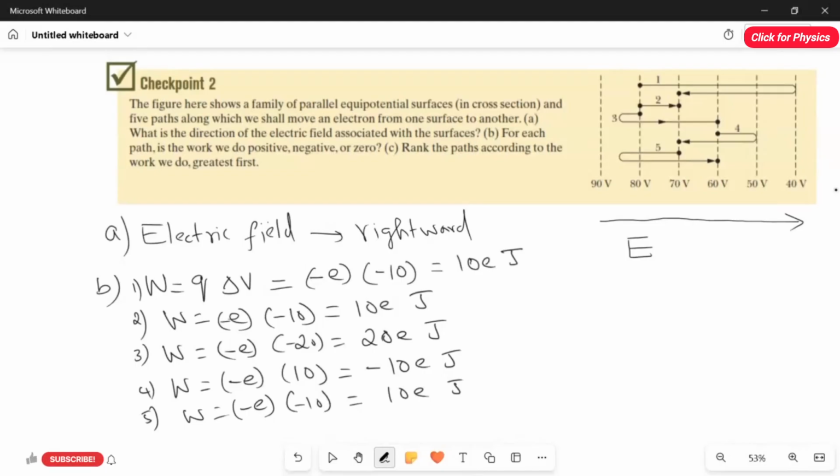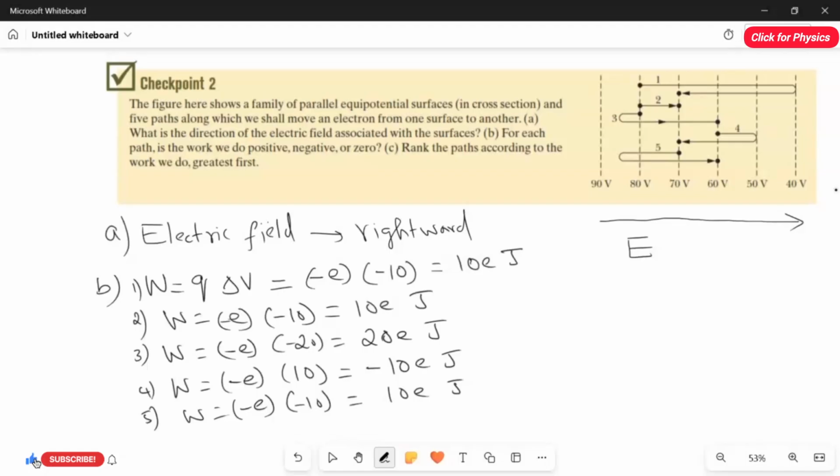So the answers we got: for path 1 the work is 10E, the second one is 10E, the third one is 20E, the fourth one is negative 10E, and the fifth one is positive 10E. Now we have to answer whether the work we do is positive, negative, or zero.